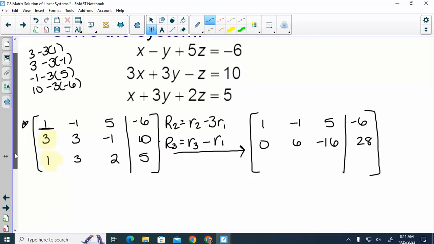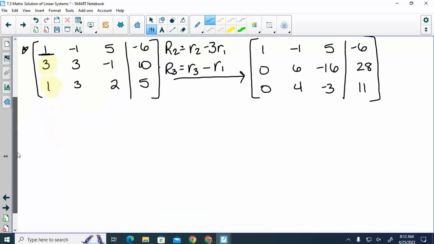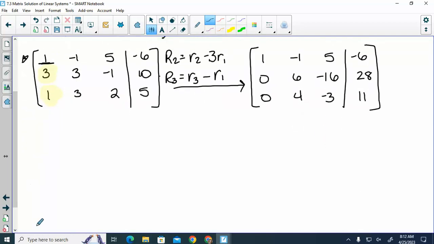Row 3 minus row 1. So 1 minus 1, 0. 3 minus -1, 4. 2 minus 5. 5 minus -6, 11. All right. Column 1 is done.